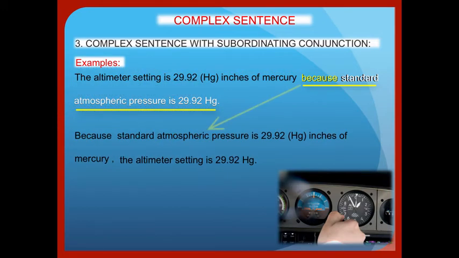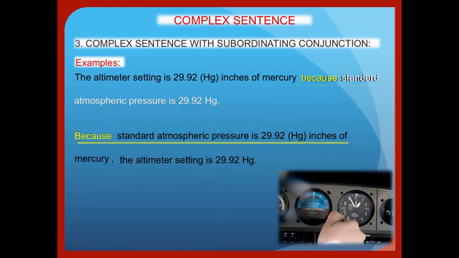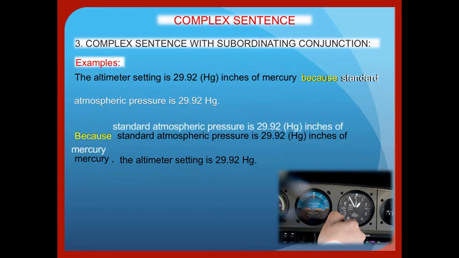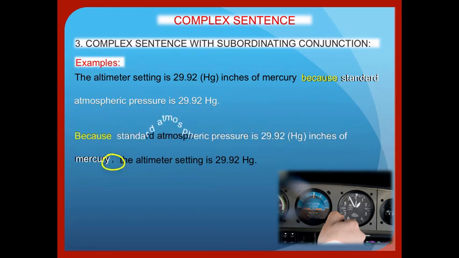Because standard atmospheric pressure is 29.92 inches of mercury, the altimeter setting is 29.92. If the dependent clause is at the beginning of the sentence, then you must add a comma at the end of the dependent clause.